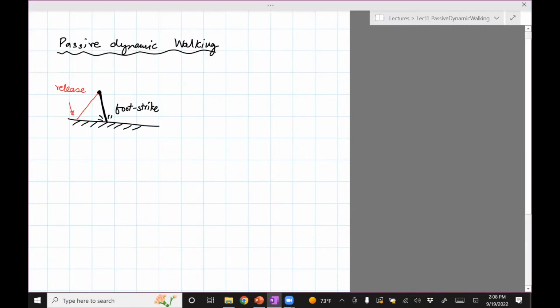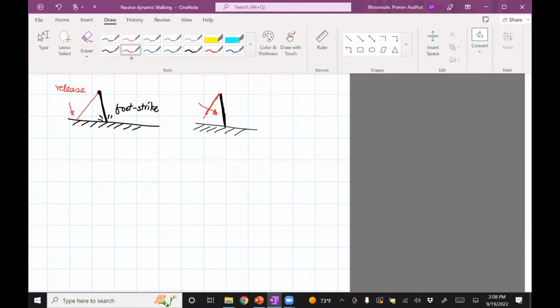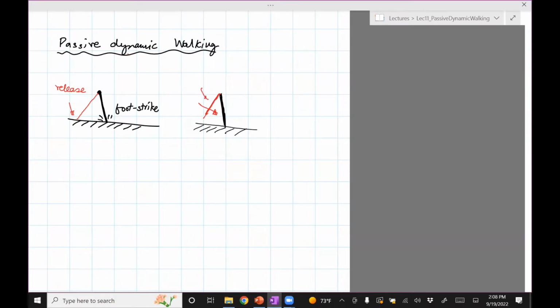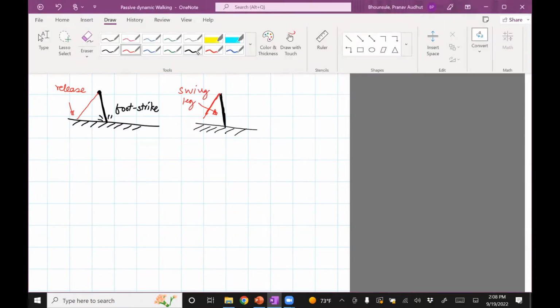Let's keep going. So this is like taking snapshots of the robot at different instances to see what the motion would look like. So now the red leg is airborne and it is swinging in front. And we'll use this terminology where we'll call this the swing leg, and we'll call the other leg the stance leg.